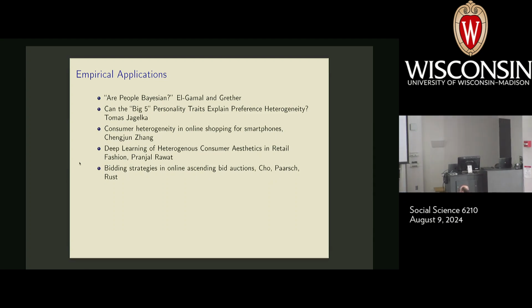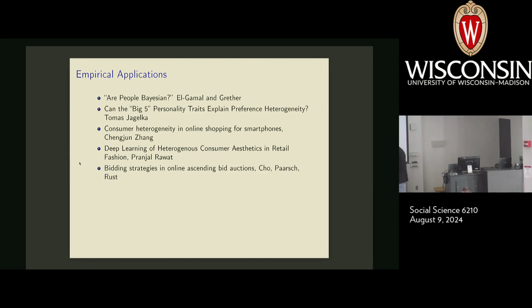An even cooler paper is by Chen Jung, a student I advised who's now at Morgan Stanley. This is a super cool study, and you should definitely take a look at it. He's got data from an Asian online shopping mall, looking just at smartphones, with hundreds of millions of observations. But like any website, you don't know the X's. You don't know if they're male or female. But he's got the click stream, the entire click stream from when you start searching to when you put a phone in the basket and check out or maybe leave the site.